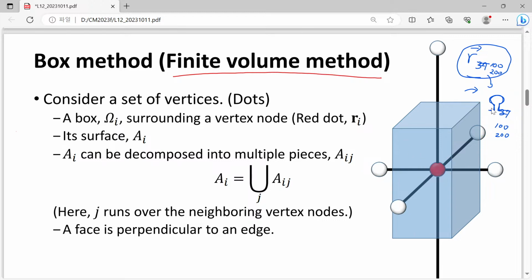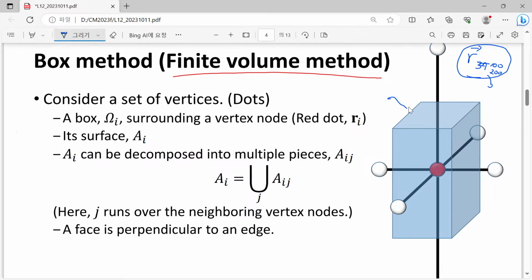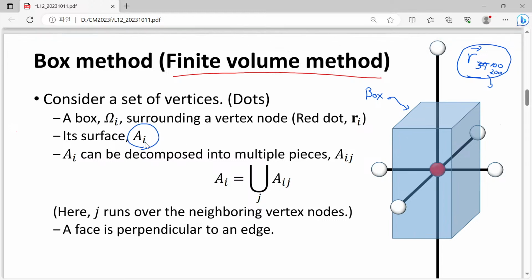now think about this box. Once again, this box has a surface, and we will call it A sub I. Simply speaking, it is the entire surface. Why do we have the subscript I?